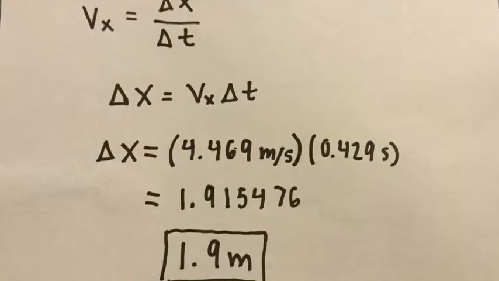Once we solve using the kinematic and get that the change in time equals 0.429 seconds, we can use the velocity formula, which is velocity equals change in x over change in t, and solve for the change in x, which we then get to be 1.9 meters.